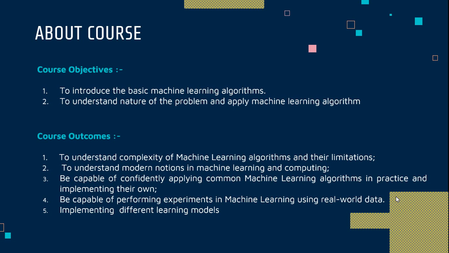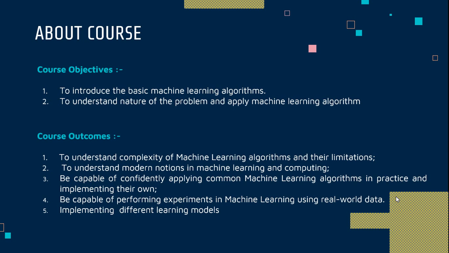The first core objective of this course is to understand the complexity of machine learning algorithms and their limitations. Actually, a machine learning algorithm has its own advantages and disadvantages, or we can say limitations, right?